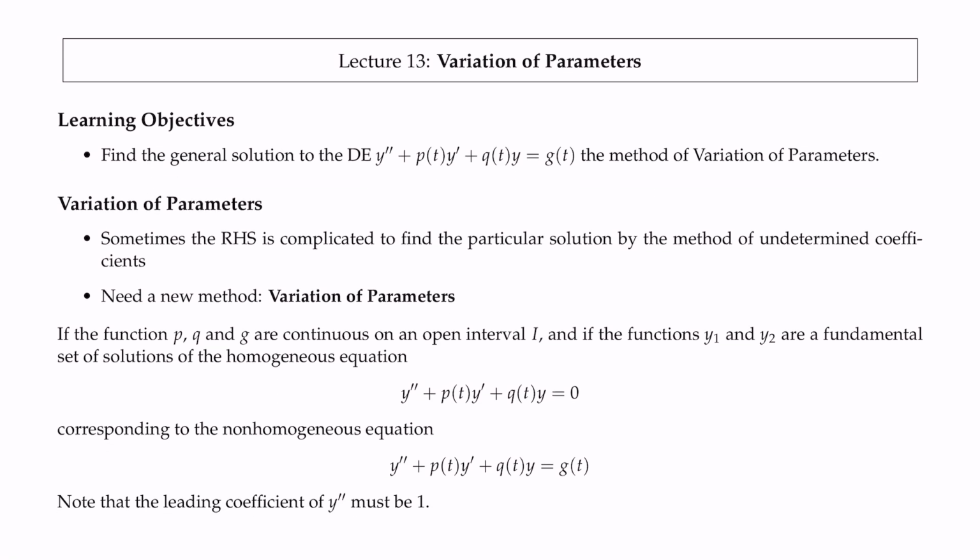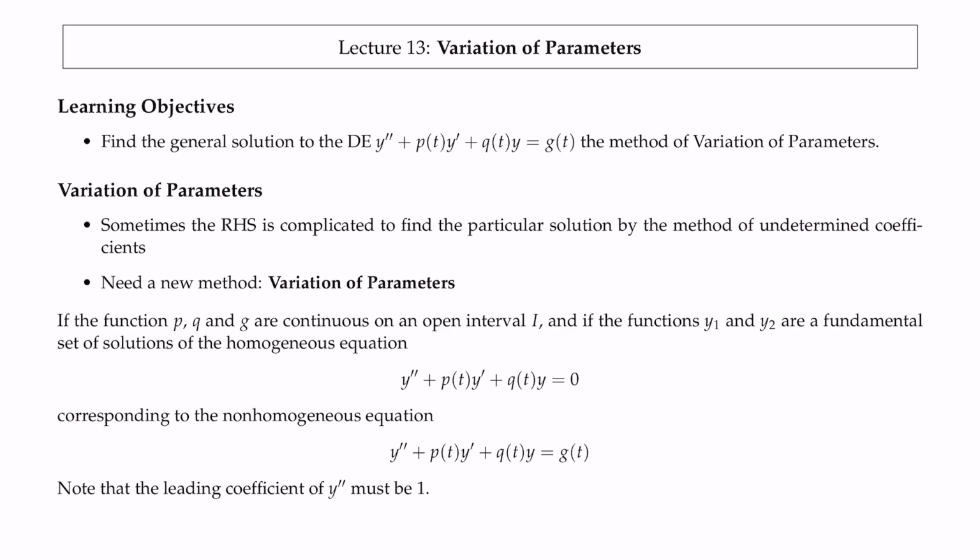The idea of using variation of parameters is that sometimes the right-hand side of the non-homogeneous differential equation is complicated and does not fall into some of the regular functions like exponential functions, polynomial functions, sine and cosine functions, or combinations of those functions. For instance, sometimes the right-hand side can be a tangent function, cotangent function, or secant or cosecant functions.